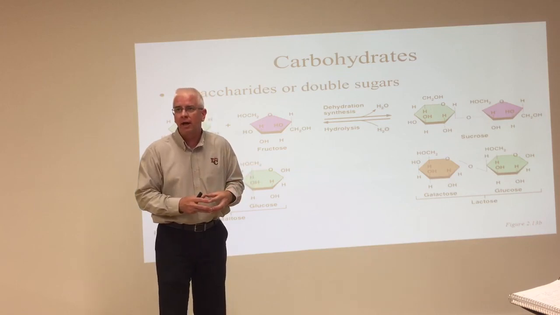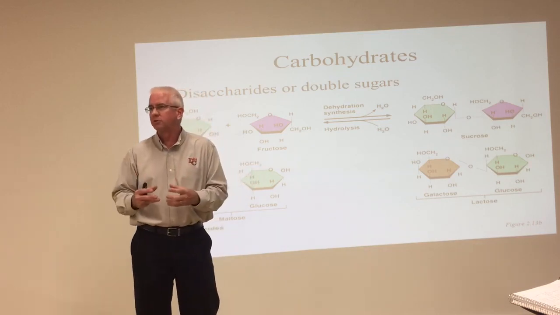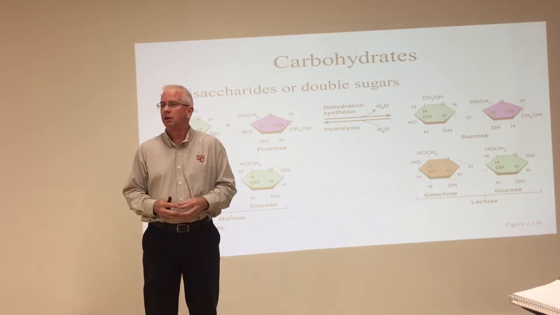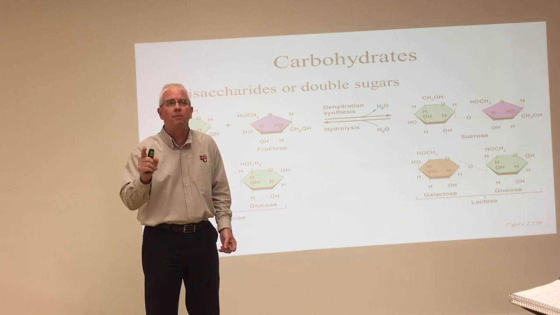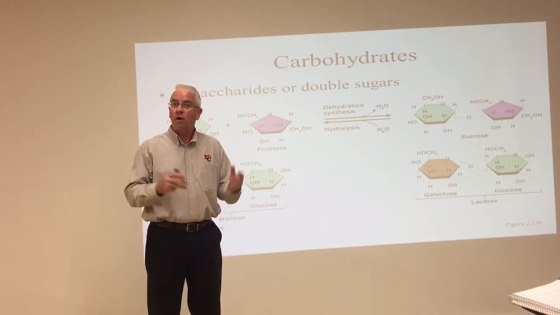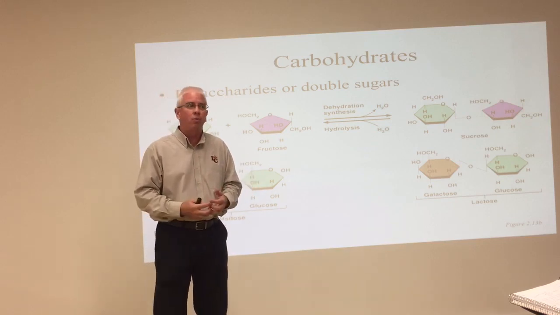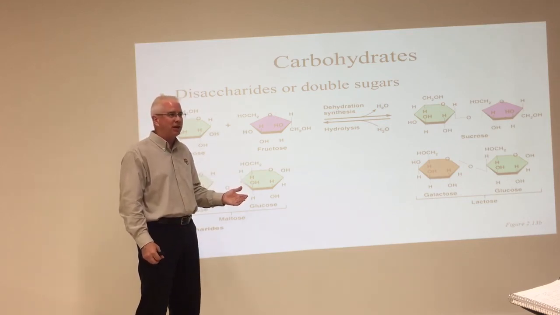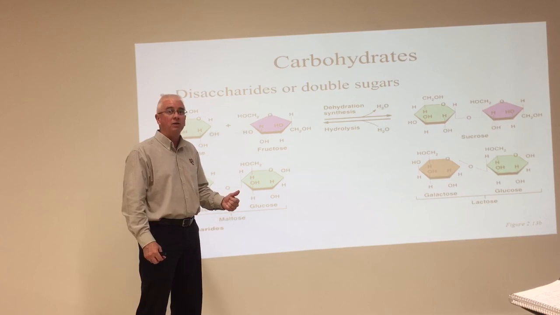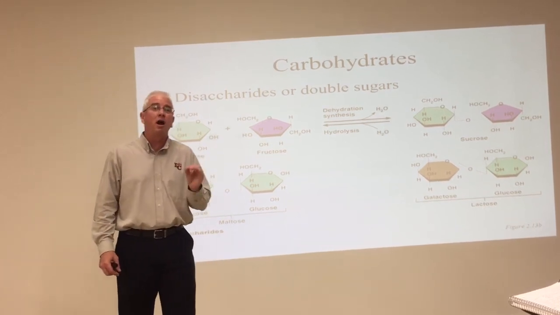After I've taught you that, then I'm going to say, in order for the muscle to contract, it has to have energy. And so the question we need to answer is, where does this energy come from? So one of the things we're going to have to discuss at that point is how you break these sugar molecules down to make energy out of them. All right? So you need to know the basic terminology for that.